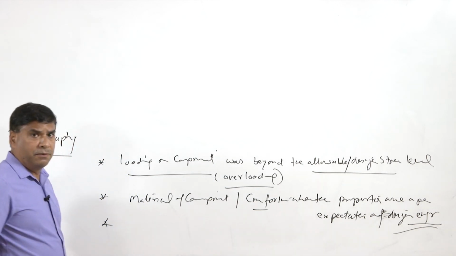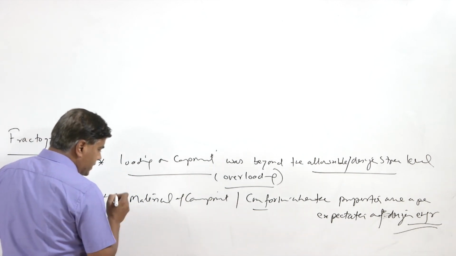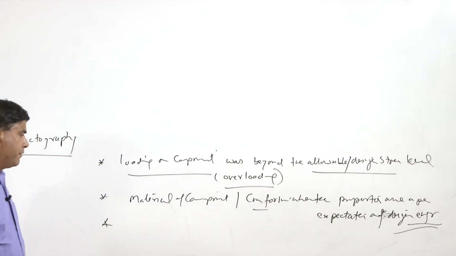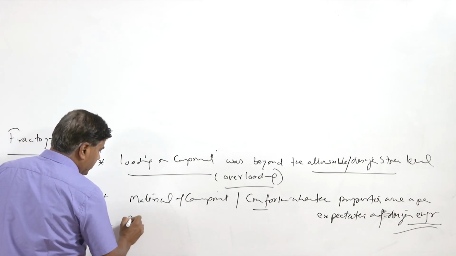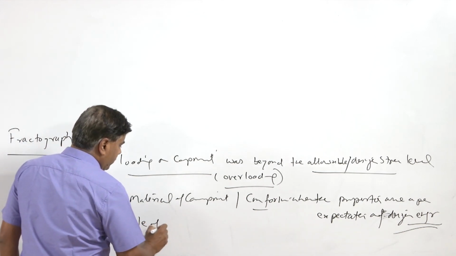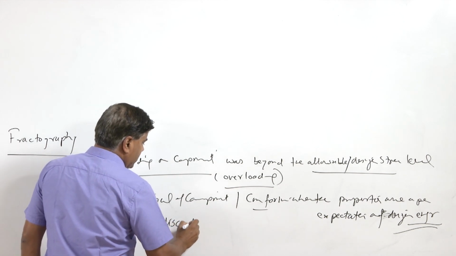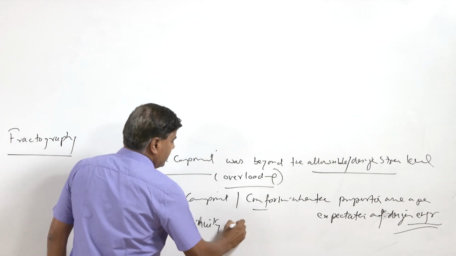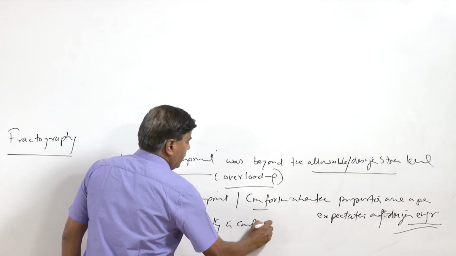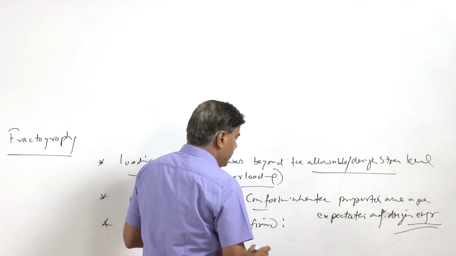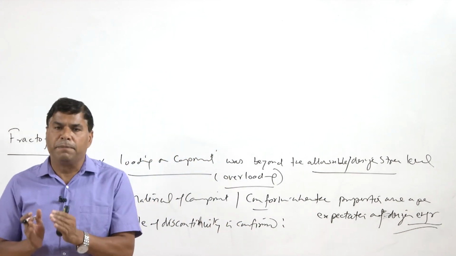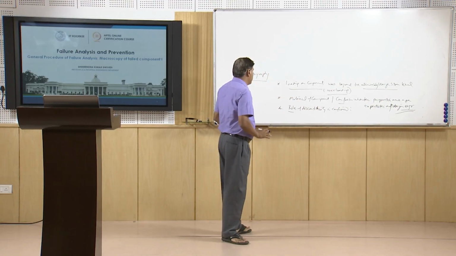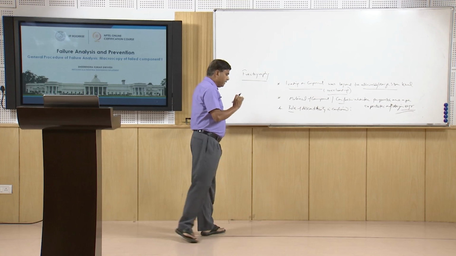And the third one is whether discontinuities in the material have contributed towards the fracture. The role of the discontinuity with regard to the fracture is confirmed, that is, whether the discontinuities really played a crucial role towards the fracture or not can also be identified through fractography.